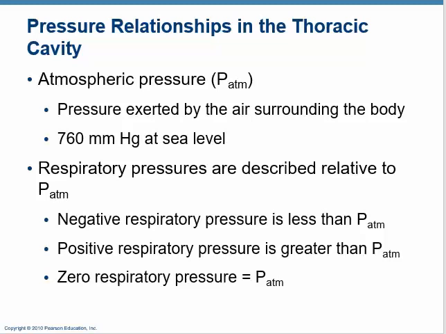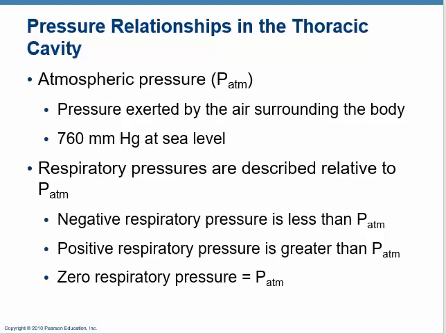But we'll say at sea level, on average, it's about 760 millimeters of mercury. And for our purposes, and it really doesn't matter because everything is relative, that's the number that we'll use to illustrate this. So that's the baseline. That's the thing that we have no control over.